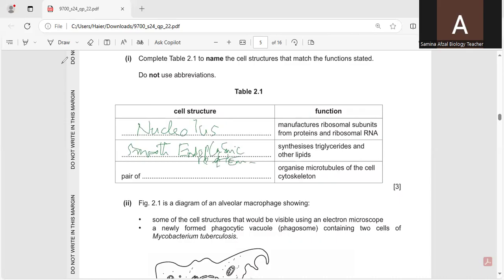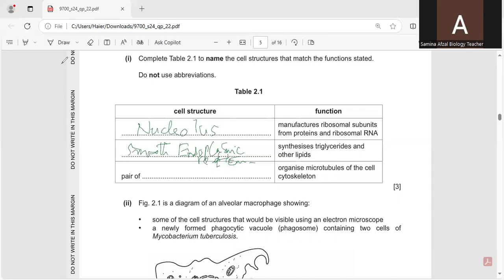And students, you know the difference between smooth endoplasmic reticulum and rough endoplasmic reticulum. Rough endoplasmic reticulum has ribosomes attached to it, and the function of ribosomes is protein synthesis. Whereas the smooth endoplasmic reticulum is not involved in protein synthesis.